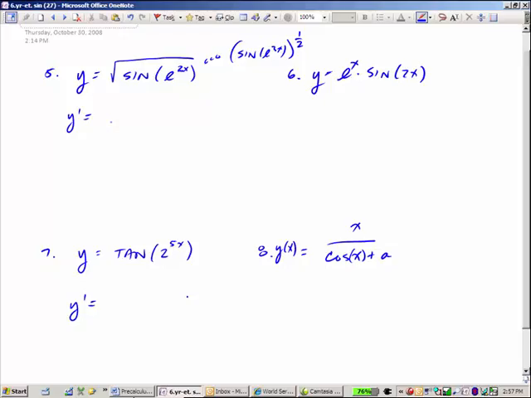Ian, I would start out with 1/2 to the negative 1/2. So that's the outer function. Ian, you want to keep going? Drew, you want to pick it up? Sure. Times cosine of e to the 2x times 2e to the 2x.